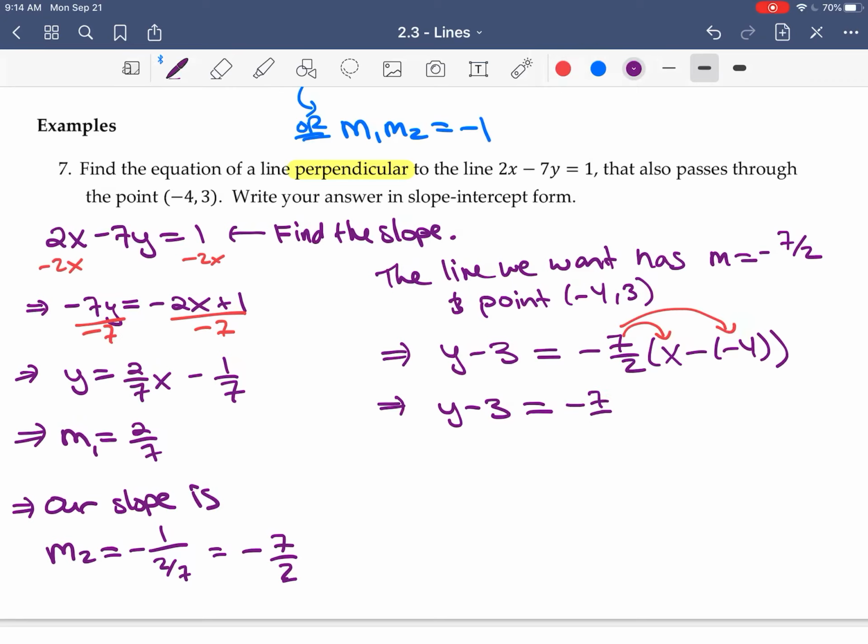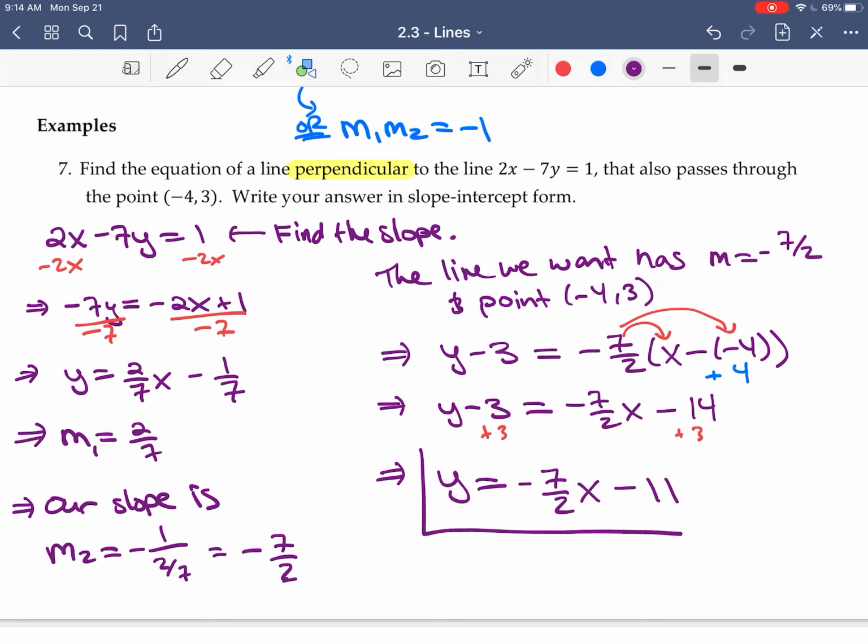So it's going to be -7 over 2x, and now this is actually a +4, with the negative, but then I times by -7 over 2, so it's going to be a negative, and it's actually -14, because it's 28 over 2. Now I want to add 3 to both sides to get rid of it. So then our equation is going to be y equals negative 7 over 2x minus 11. And this is in slope-intercept form.